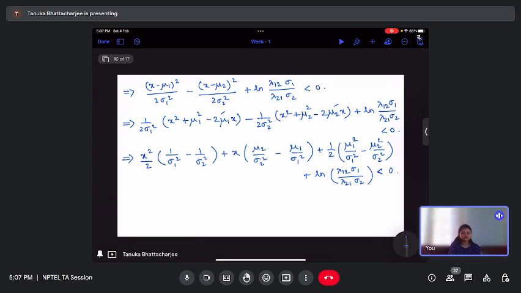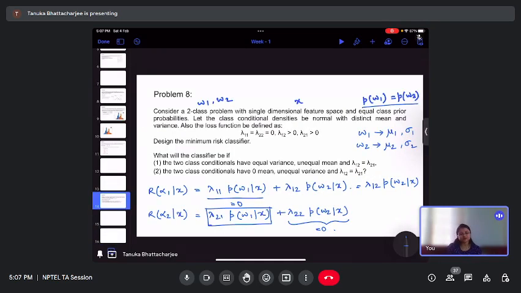So this is the simplified expression for your classifier. This is the Bayes minimum risk classifier for the situation where you have equal class prior probabilities and the class conditional densities are normal with different mean and variance, and the loss you are using is 0 if you correctly classify and some finite value if you wrongly classify.